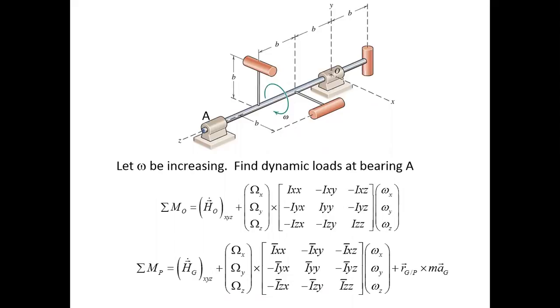Sum of moments about O like a fixed axis, or sum of moments about some point P, which could be A, it could be O, or it could be even the overall G of the system. Which one of these two equations do you think would be easiest to use to solve this problem? I'd probably pick the first one. Yeah, and that's what I would as well.